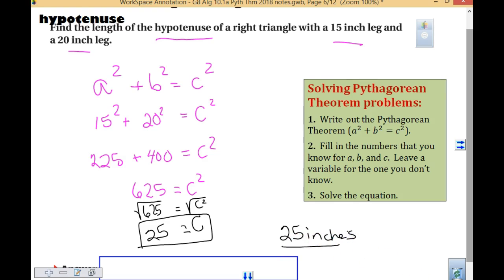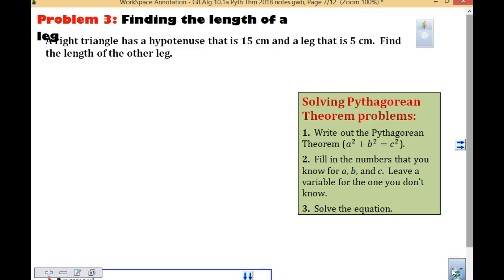Okay. On the top of the next page, it says now you have a right triangle, this time with a hypotenuse of 15 and a leg of 5. Sometimes it is helpful for you to draw the triangle, but you don't have to.